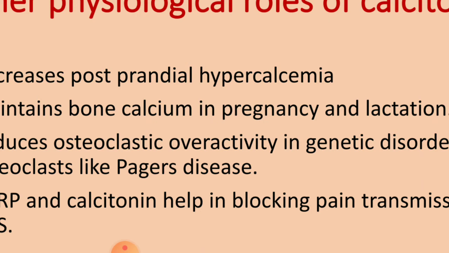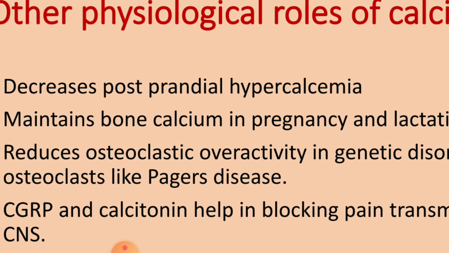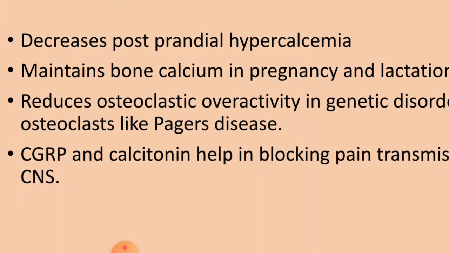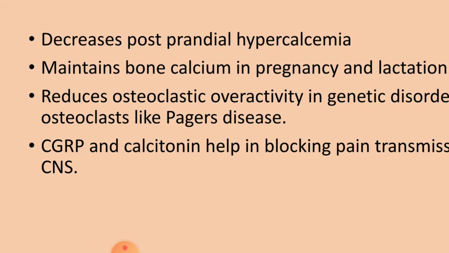This is prevented by increased calcitonin, which helps to prevent loss of calcium from the bone, opposing the osteoclastic activity. So this is one of the protective actions of calcitonin during pregnancy and lactation to prevent loss of calcium from the bone.